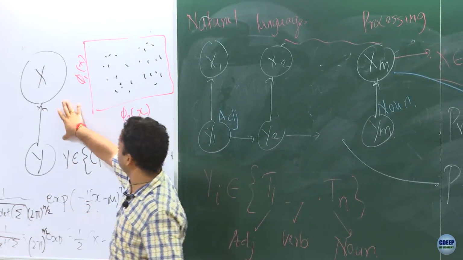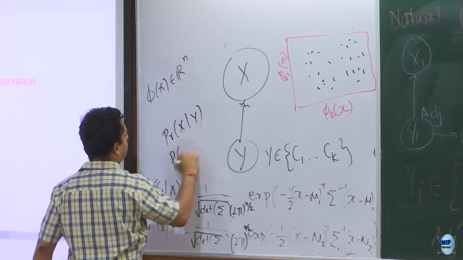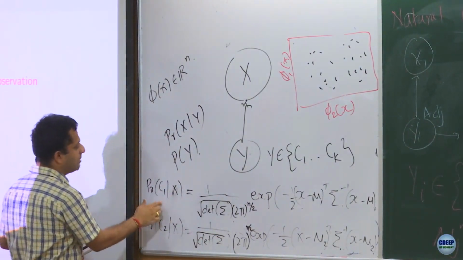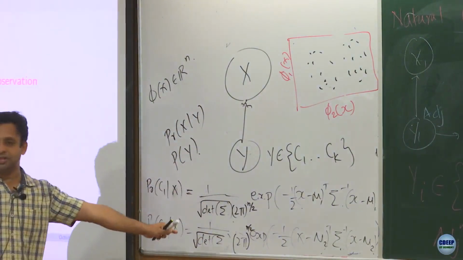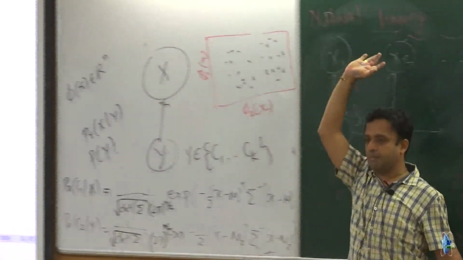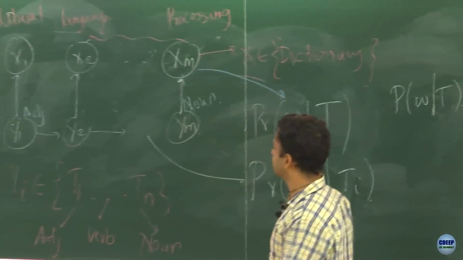Okay. So I want to learn the probability of x given y, the probability of y, where I can maybe make use of the same distribution assumptions, but the coloring suddenly disappears. This is learning with incomplete observations.